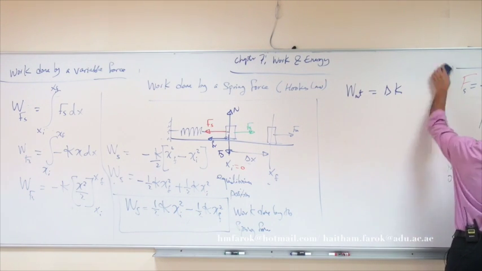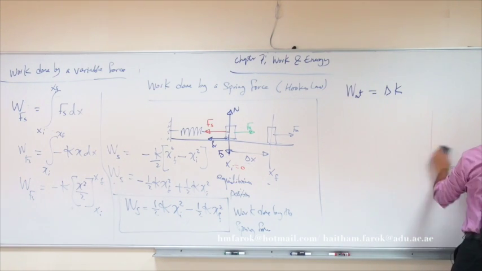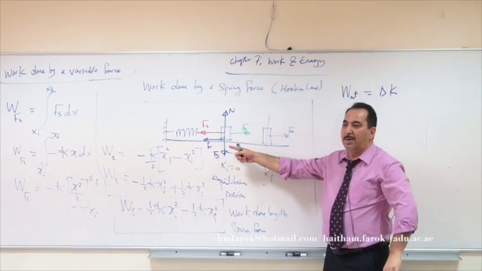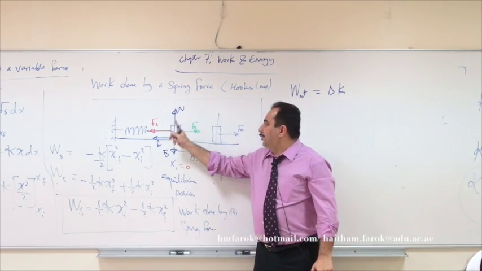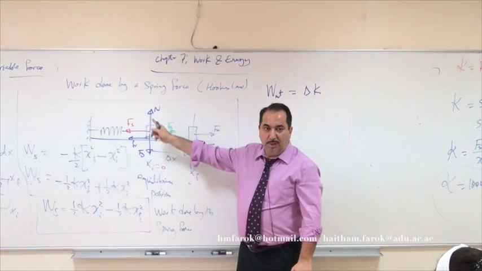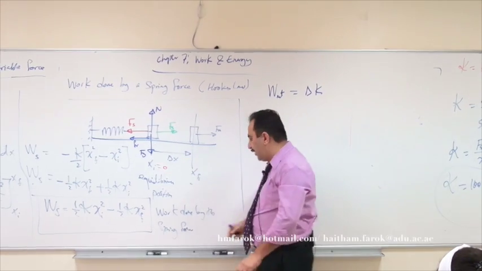Now, how many works do we have in the spring, in general? How many forces? 5. 2 of them are 0. No work of N, no work of Fg. So what is left? 3 works.